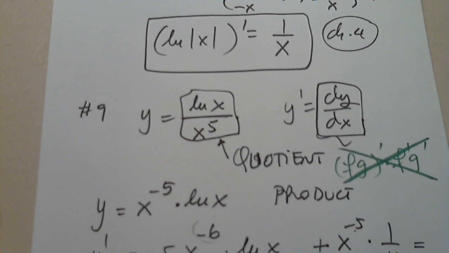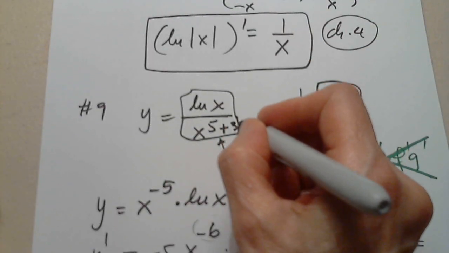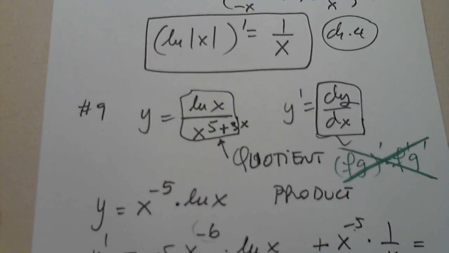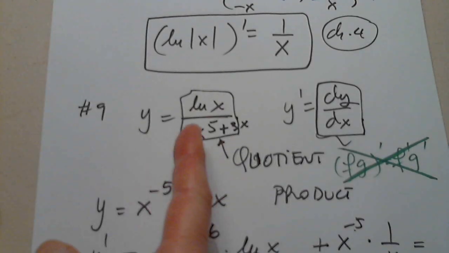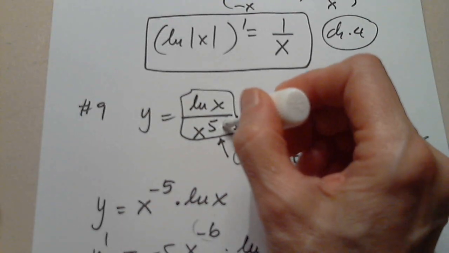I could not have done this if I had, let's say, plus 3 or 3x or whatever. But I was able to change it from a ratio to a product because the denominator was one term. If it's not one term, I cannot do this.